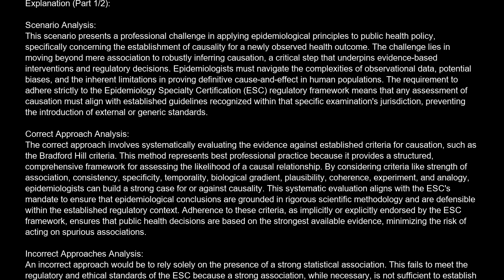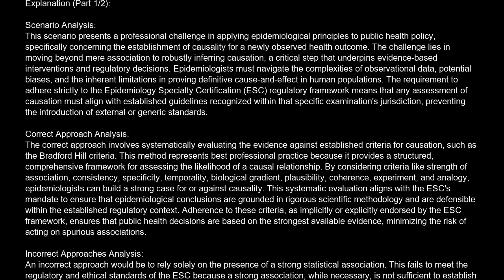The requirement to adhere strictly to the Epidemiology Specialty Certification (ESC) regulatory framework means that any assessment of causation must align with established guidelines recognized within that specific examination's jurisdiction, preventing the introduction of external or generic standards. Correct approach analysis. The correct approach involves systematically evaluating the evidence against established criteria for causation, such as the Bradford-Hill criteria.